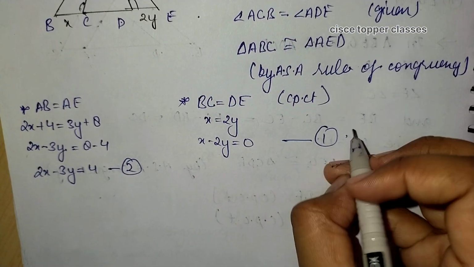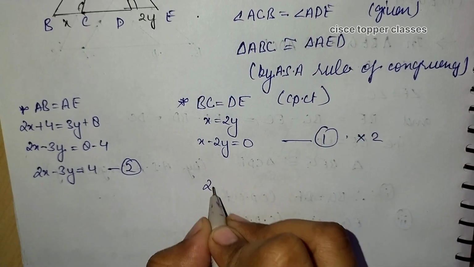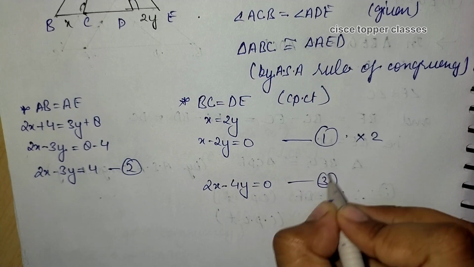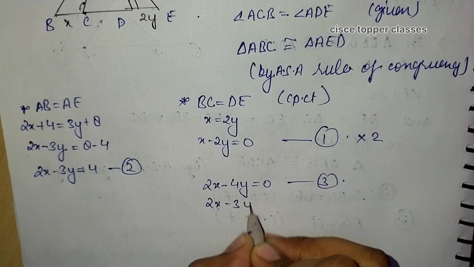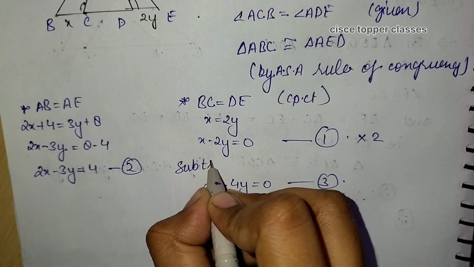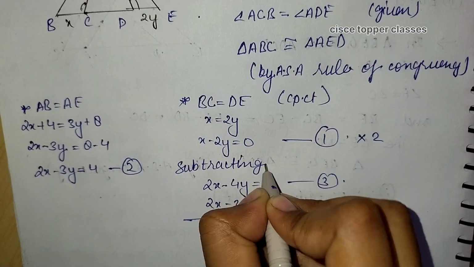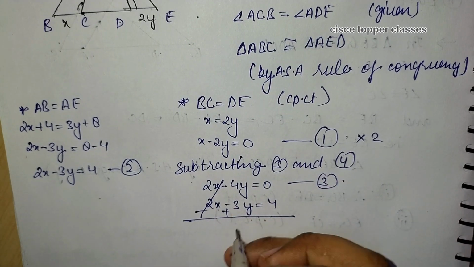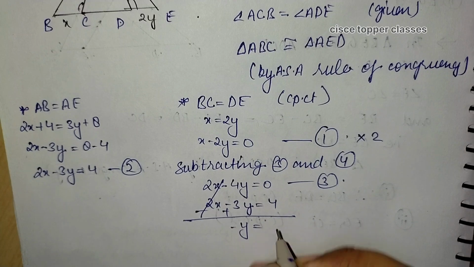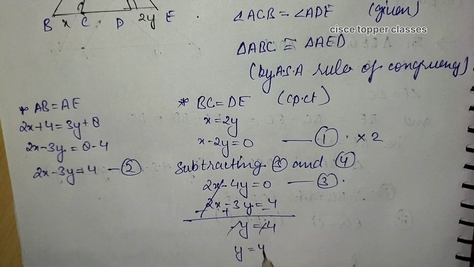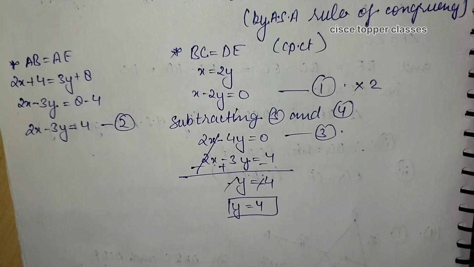Now we can solve these two equations. We will multiply the first equation by 2, so it will be 2x minus 4y equal to 0 as the third equation, and 2x minus 3y equal to 4 as the fourth. Subtracting the third and fourth equations, 2x cancels out, and here we get minus y equal to minus 4, so y is equal to 4.